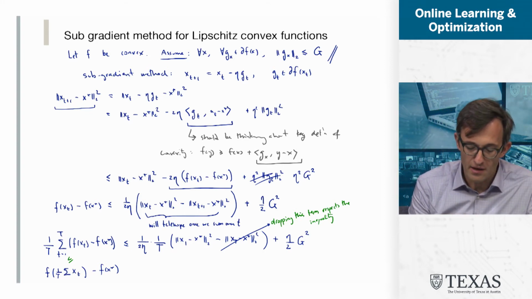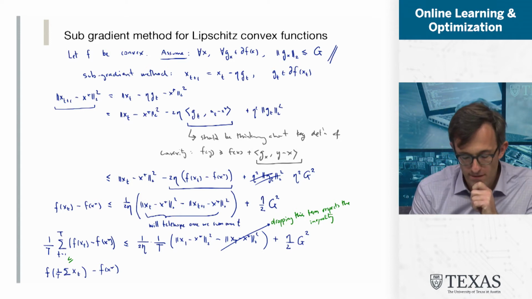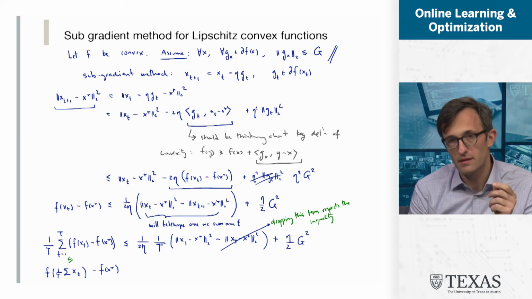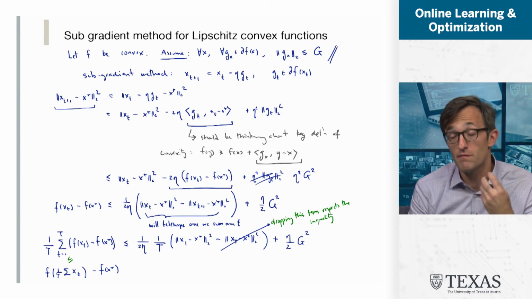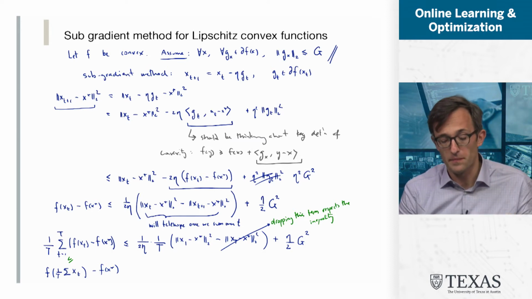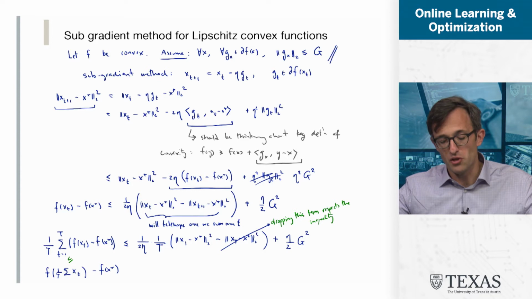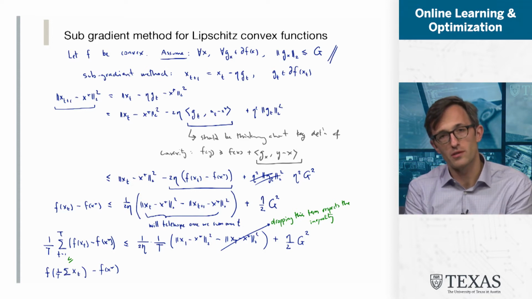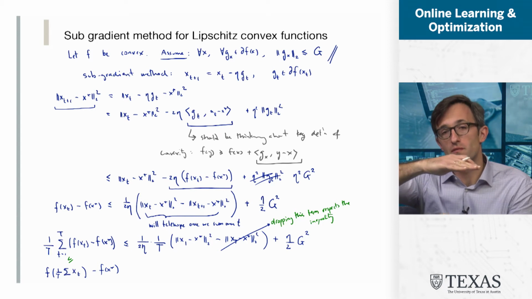I had the average of f of x, and I'm saying that the average of f of x is greater than or equal to f of the average. If you think about that for a second, that is exactly the fundamental definition of convexity, the very first definition that we gave, which basically says that if I have a convex function, then the function evaluated at the average of points always lies below the average of the function.